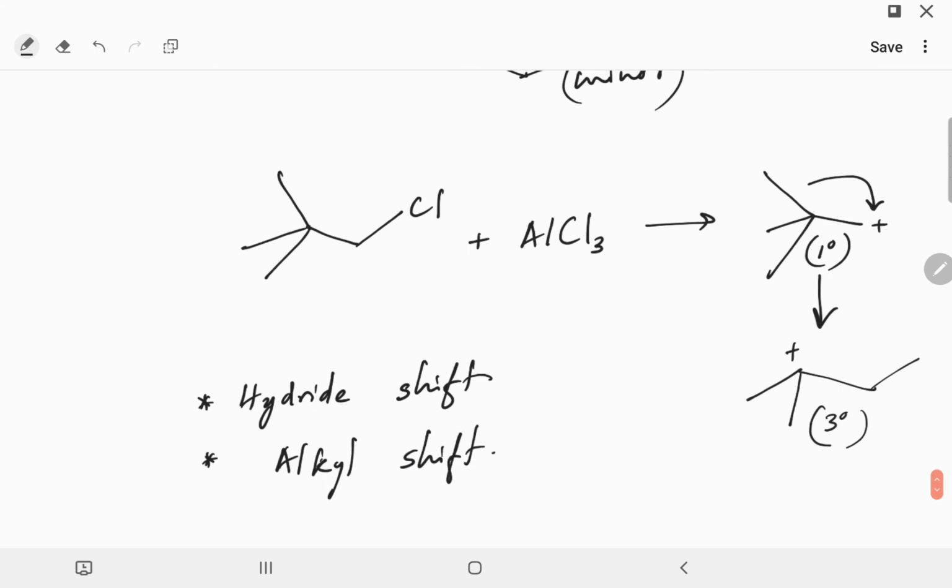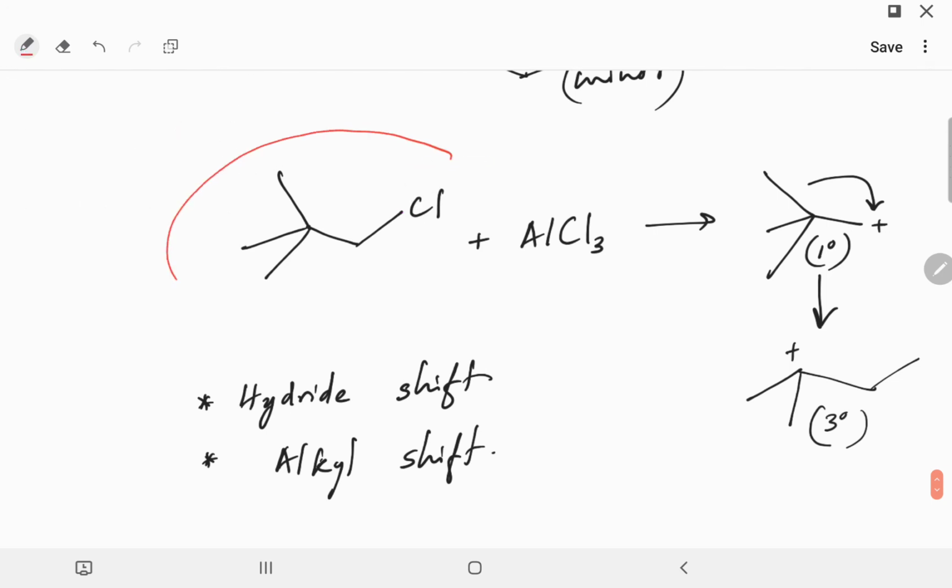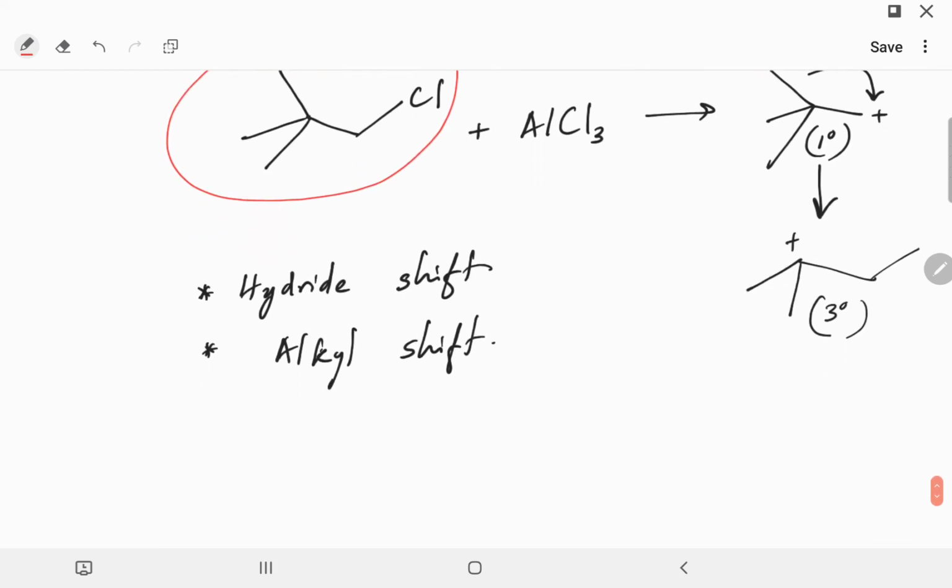By doing those two things, you can actually identify the possible rearrangements for carbocations. So if you use this particular alkyl halide, you will ultimately get a product like this.